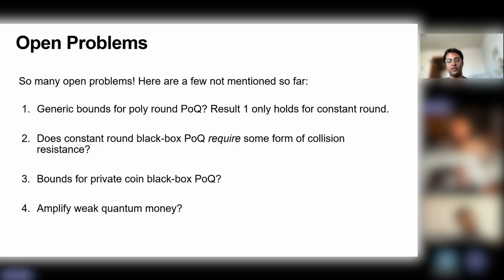The more interesting direction for me is to start with, say, a statistically hiding commitment, and you know nothing else about it. Can you use this to construct proof of quantumness? Or actually, no, that's not what I'm saying. I'm saying start with the proof of quantumness. You know nothing about it except that it is interactive in some way. So that is part of the trick: you have to define what it means to be interactive.